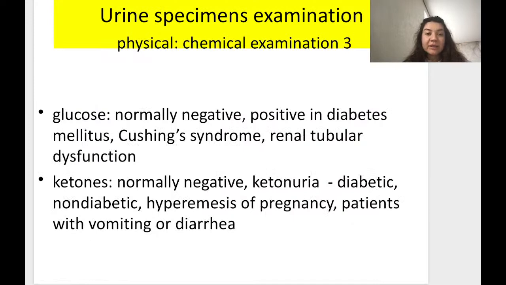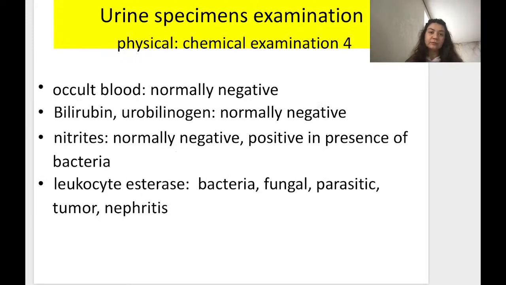In chemical examination, we check the level of glucose. Normally it is negative, and can be positive in diabetes mellitus, Cushing's syndrome, renal tubular dysfunction. We check for ketones, normally negative. Ketonuria can be in diabetic patients, in non-diabetic patients, in hyperemesis of pregnancy, and in patients with vomiting or diarrhea, especially in children.